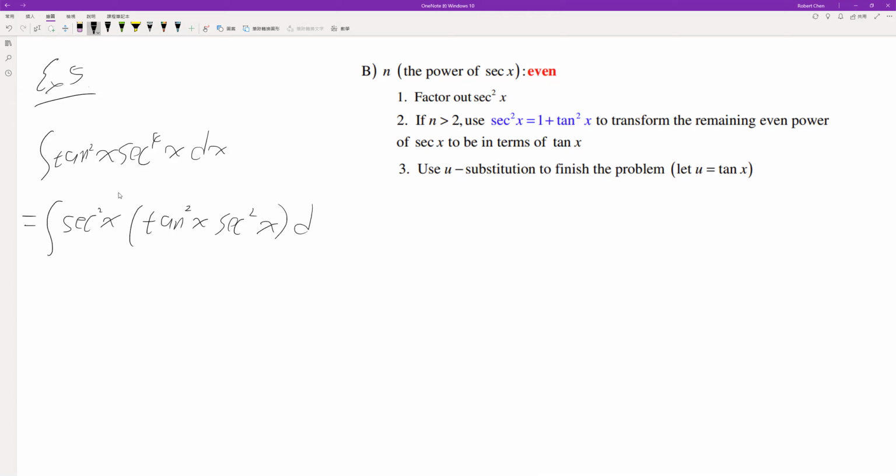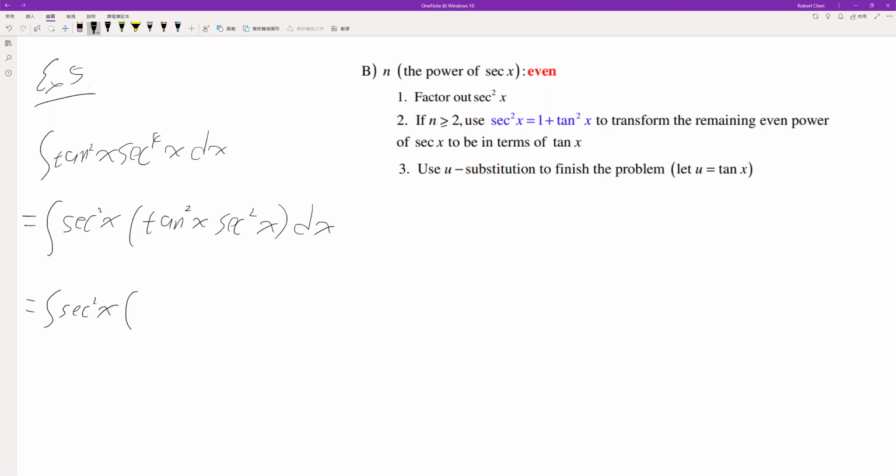Okay, looks good. If n is greater than 2, use secant square is equal to 1 plus tangent square to transfer the remaining power of secant to be in terms of tangent x. Okay. So a little mistake, it should be greater than or equal to. All right, so let's do that. So secant square.